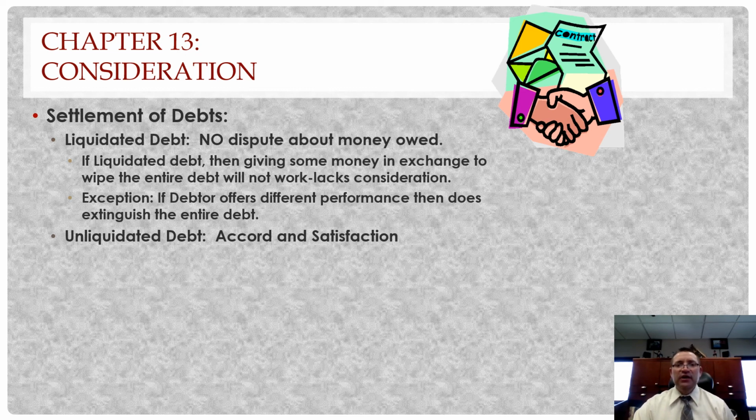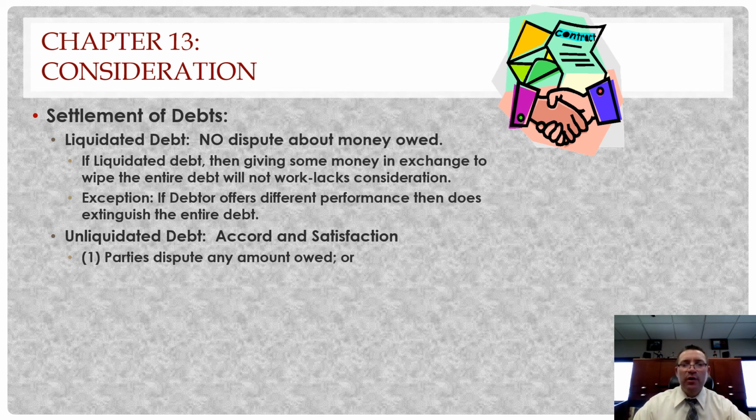If it is unliquidated debt, which means we don't know what is actually owed, there's a dispute. Maybe I've been mowing your lawn for 5 or 6 months, and it's hard to tell. You know, some months have 4 weeks, some months have 5 weeks, right? It's hard to tell exactly what is owed to you. I can't remember. Bad bookkeeper. I think you owe me $500, and you think you only owe me $420, right?